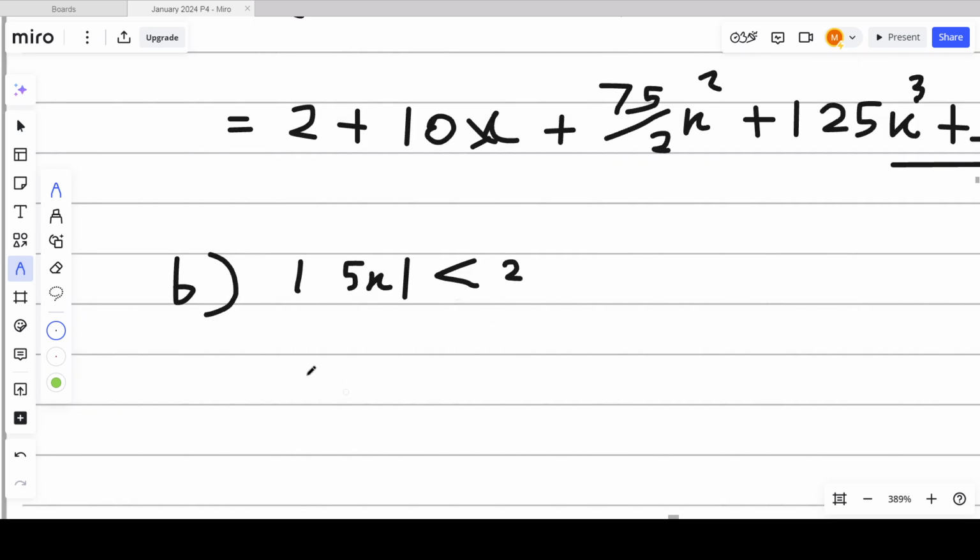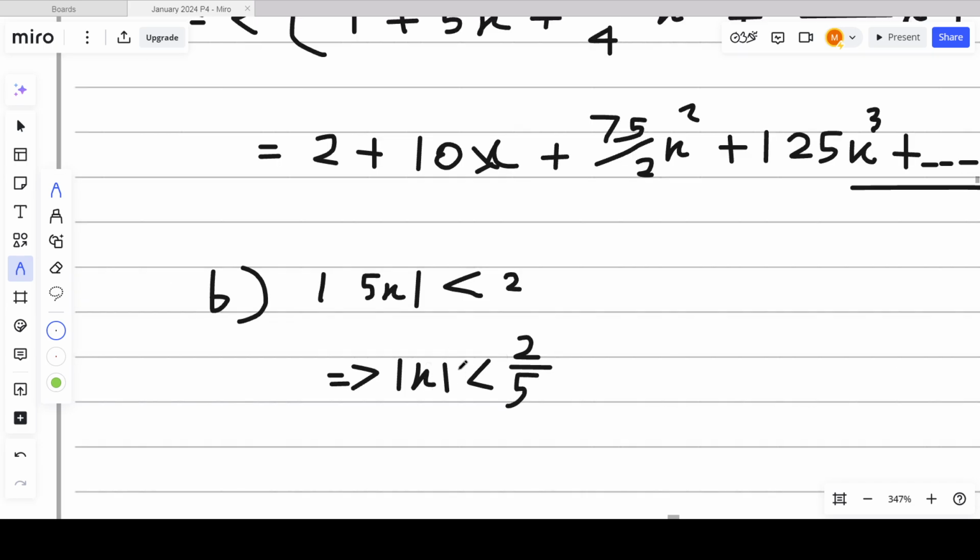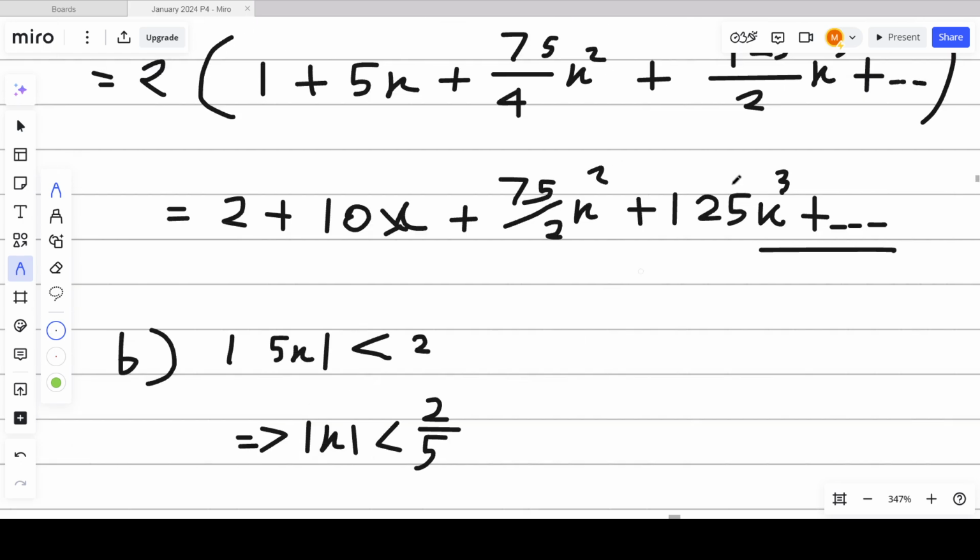That means the range of possible values for x is modulus of x less than 2 over 5. So if modulus of x is less than 2 over 5, then the expansion that we have gotten there would be convergent.